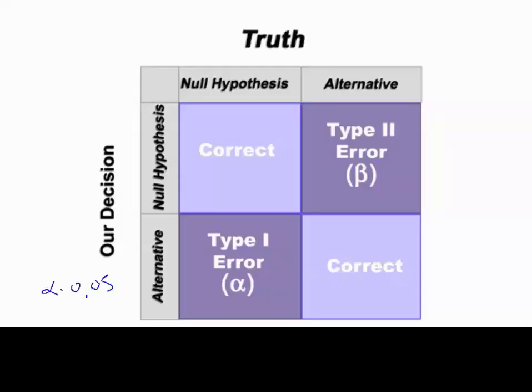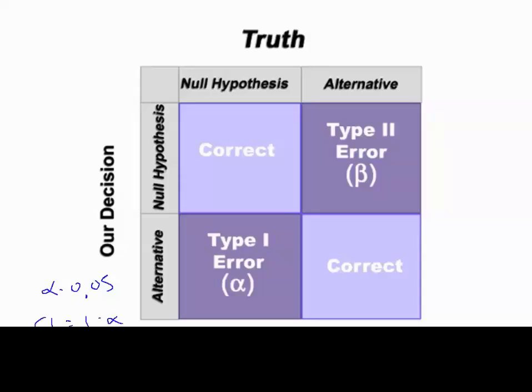Then what does that mean? That means that the chance that we're going to reject the null hypothesis incorrectly is 5%. So when we reject, chances are we're not in that 5%, we're in the rest, or the 95%. That's our confidence level in our rejection. So the confidence level is 1 minus alpha, or in this case, 95%. Okay?